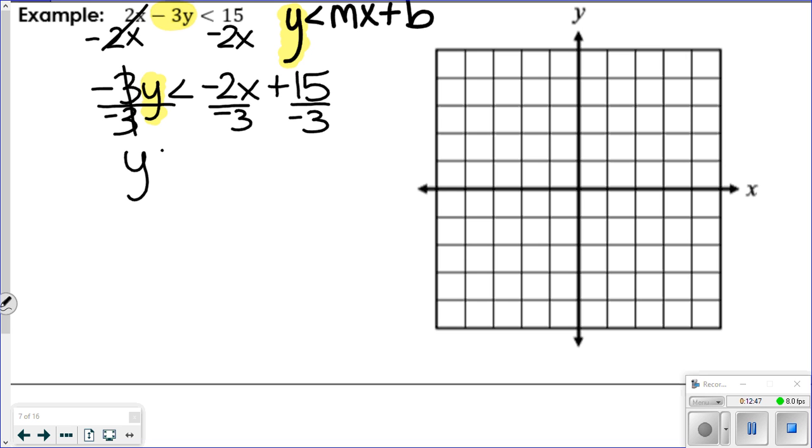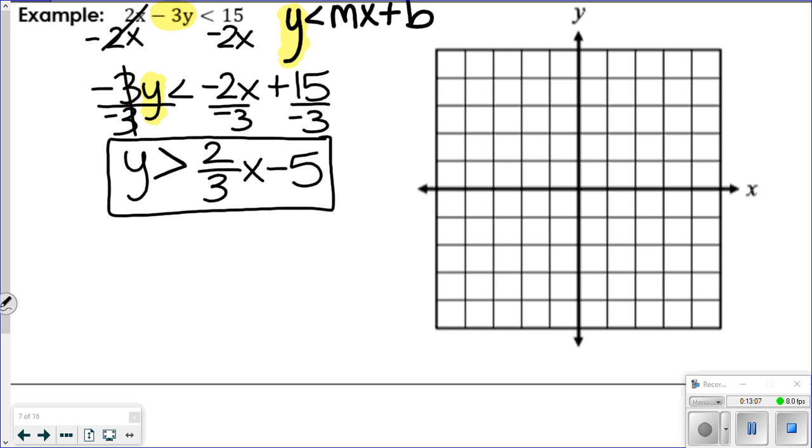So now our alligator mouth wants to be facing or eating the y. Negative 2 divided by negative 3. Two negatives make a positive. 15 divided by negative 3 is negative 5. And now this is in slope-intercept form.